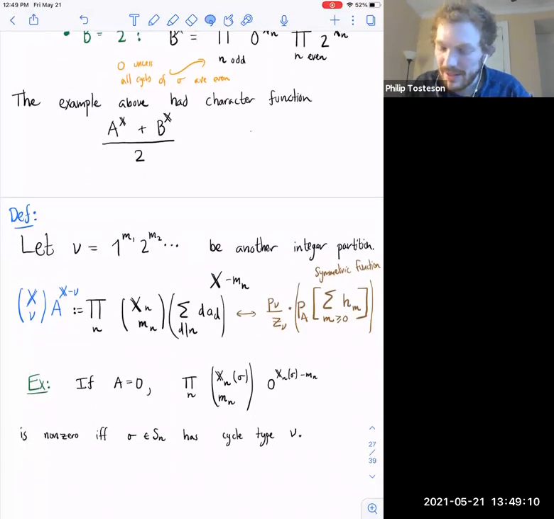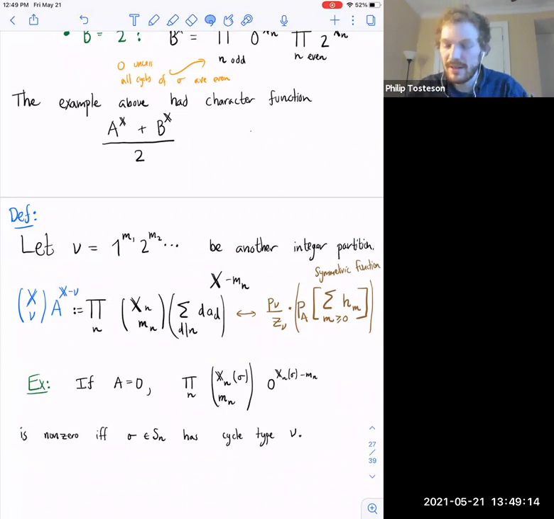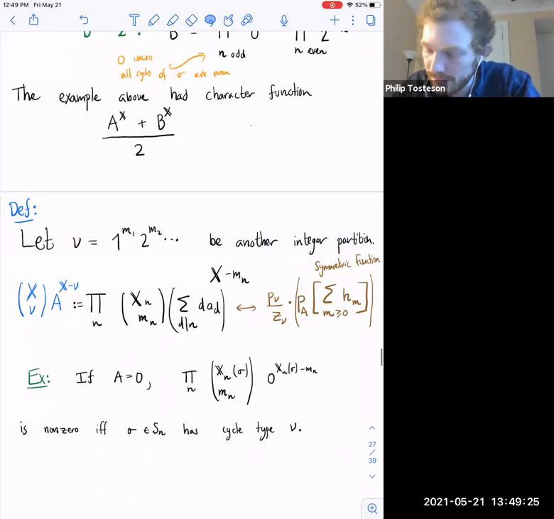You have to pay attention to what this actually means. But it turns out that this is always a natural number, and it's non-zero if and only if sigma in S has cycle type nu.